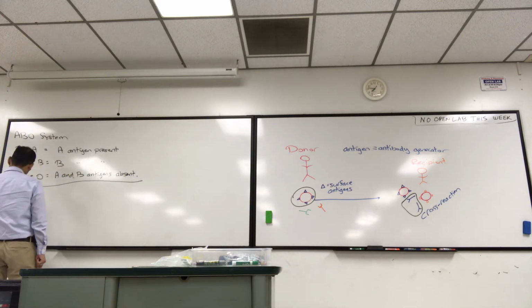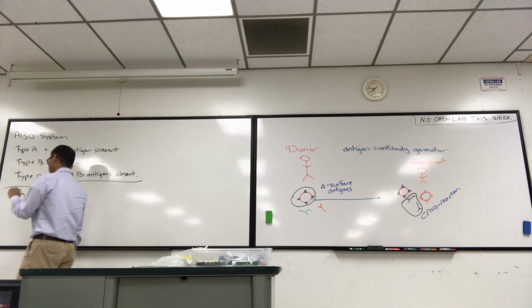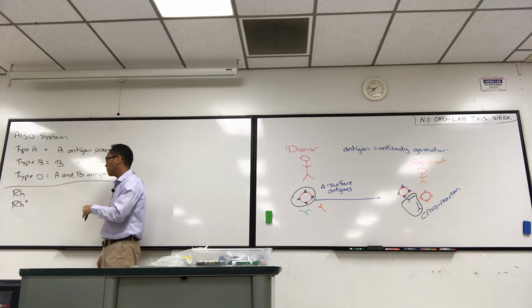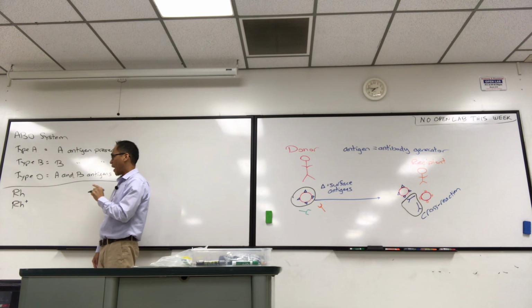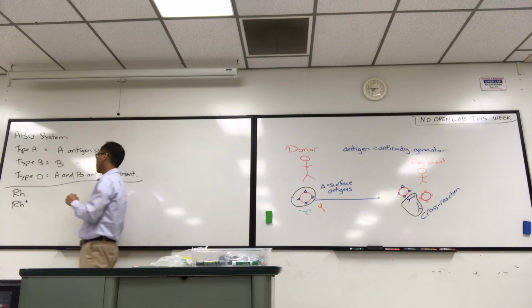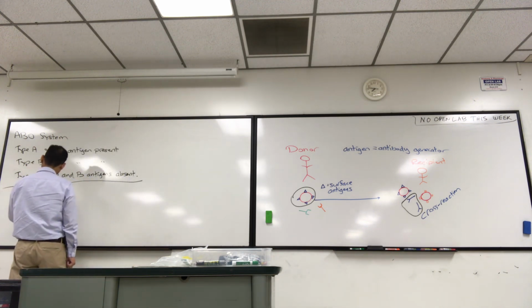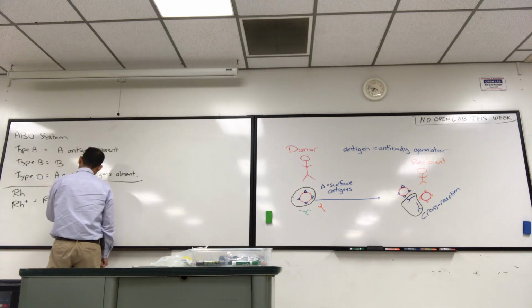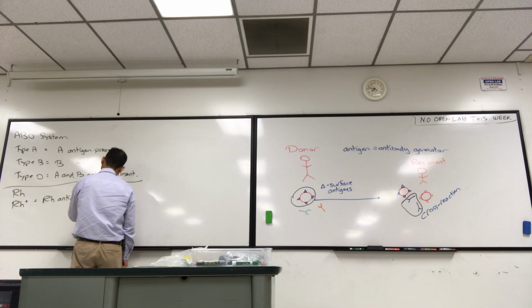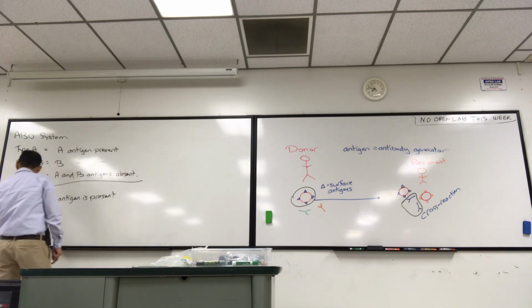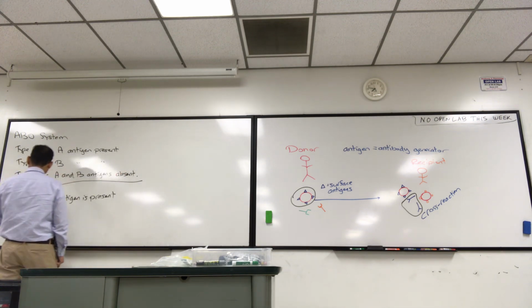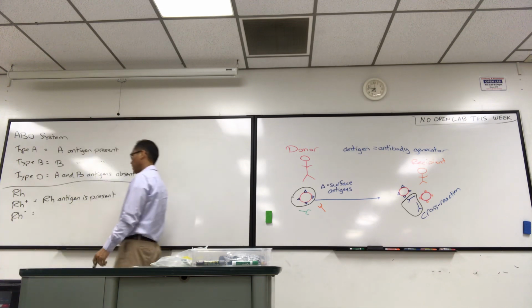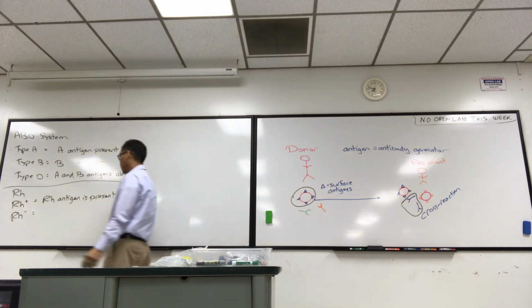So what we say is, for someone who is RH positive, that means the RH antigen is present. You guys are smart. What does RH negative mean? It's not present. Okay, very simple.